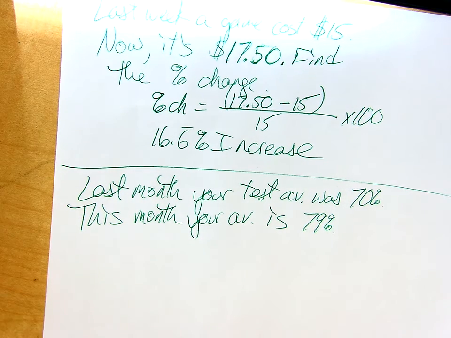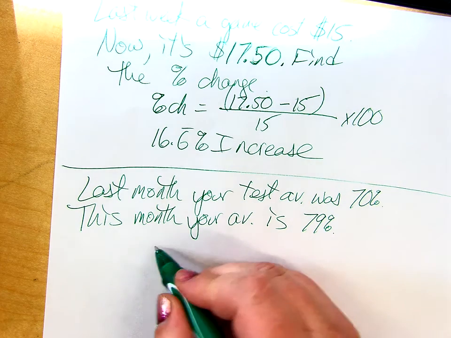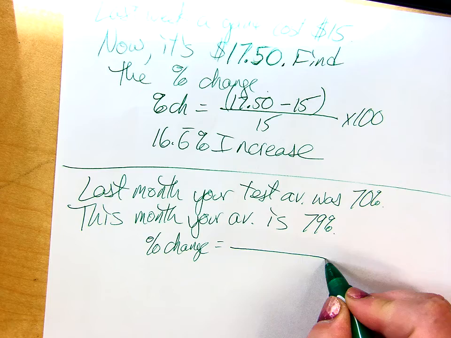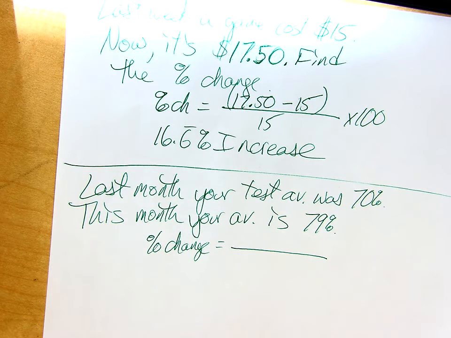If I want to figure out your percent change, I do the same thing. They're not prices, I just put the scores in instead. So, percent change, I want new minus old over old. So try that. Pop those numbers in and see if you can figure out your percent change from a 70 to a 79. You got it?